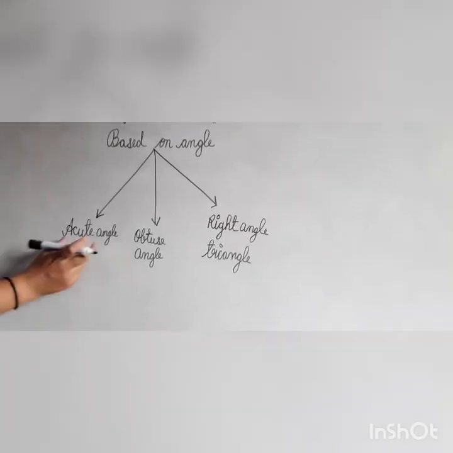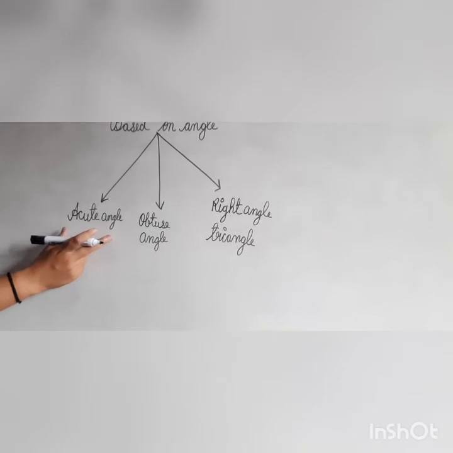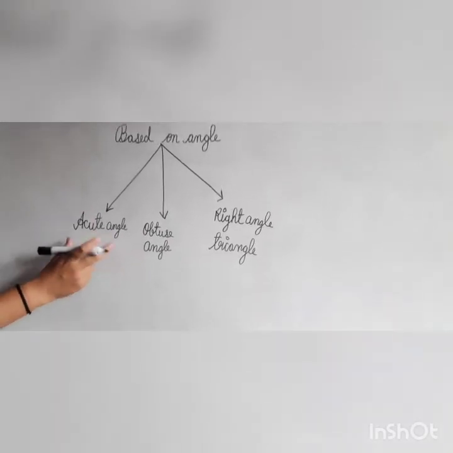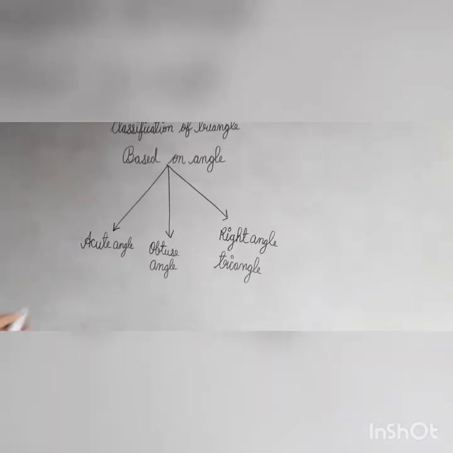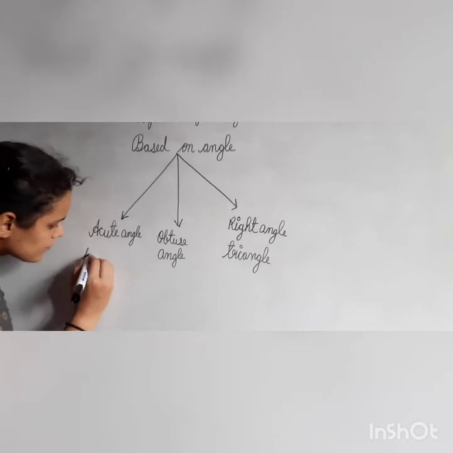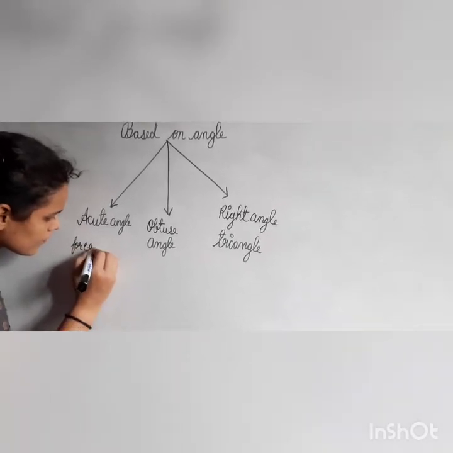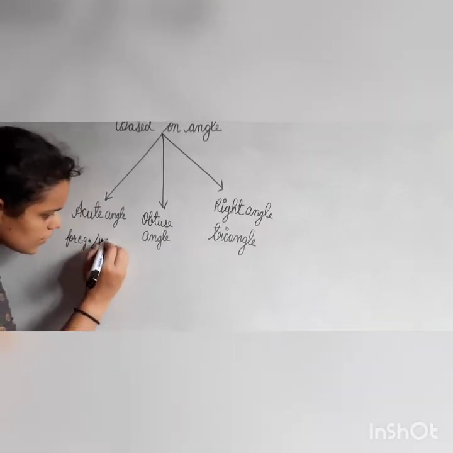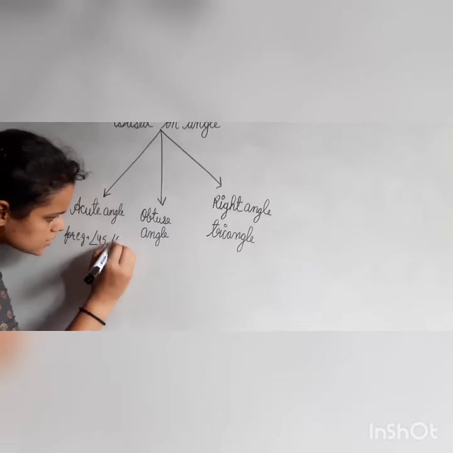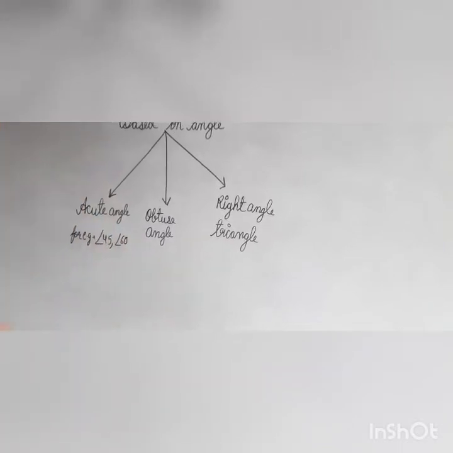For example, you know that an acute angle is an angle less than 90 degree, for example angle 45, angle 60 and so on.